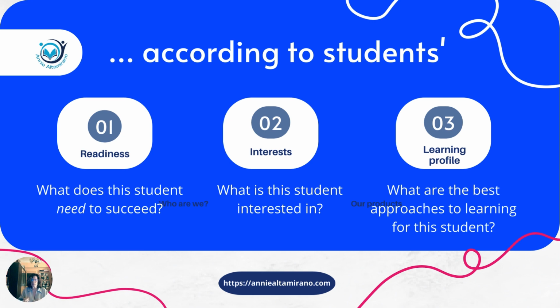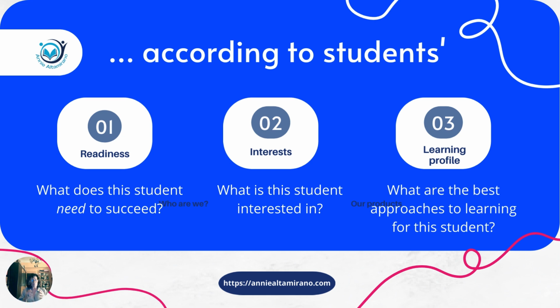And finally, the learning profile. Differentiation seeks to provide learners with approaches to learning that make the process more efficient or more effective. And learning profile is affected by gender, culture, environment, biology, and learning context.